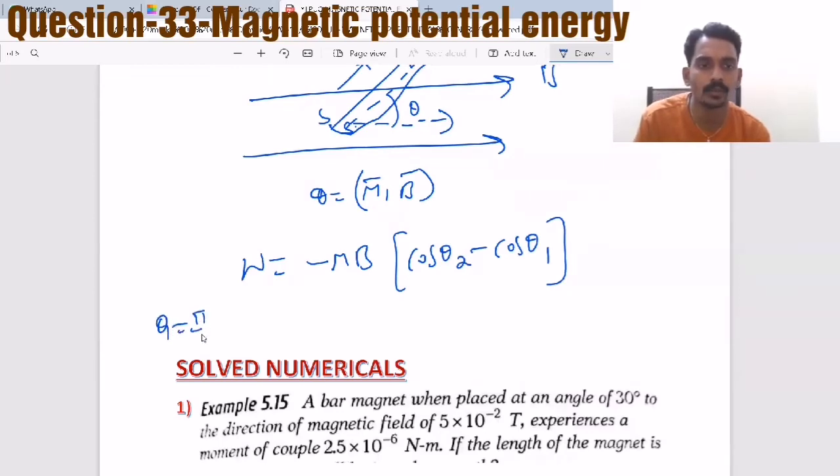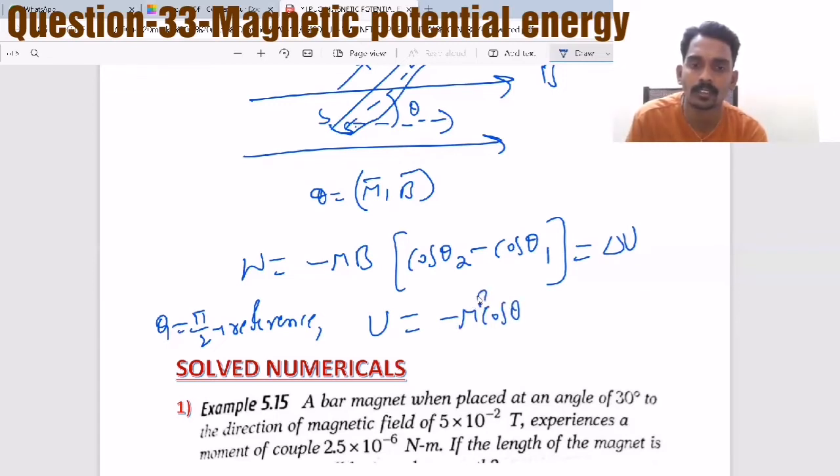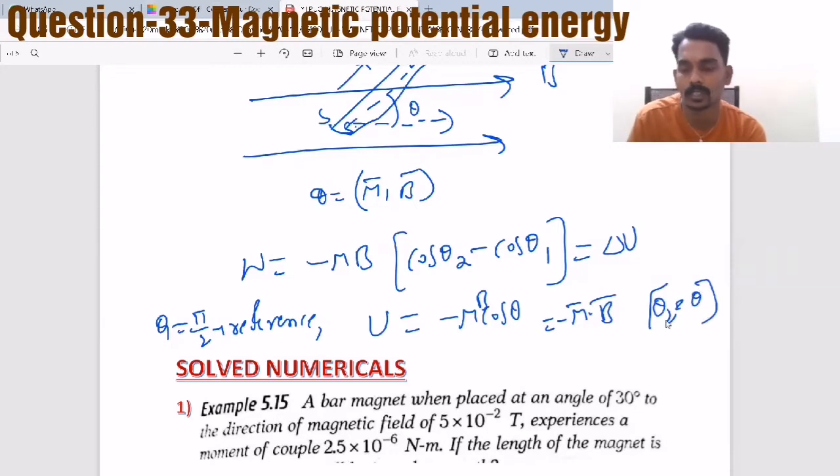If theta 1 equal to pi by 2 is taken as reference, then the final potential energy, because this is nothing but work done, equal to the change in potential energy, and at reference the potential energy is 0 if you take it so, and for any other angle the potential energy is minus MB cos theta, nothing but minus M vector dot B vector, for any angle, I mean theta 2 equal to theta. So this is the magnetic potential energy of the dipole.